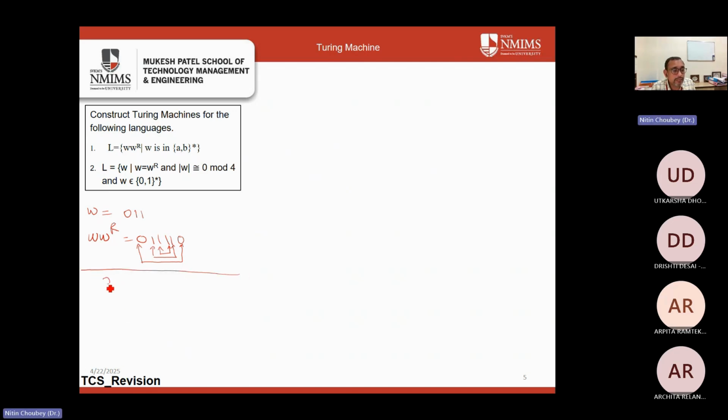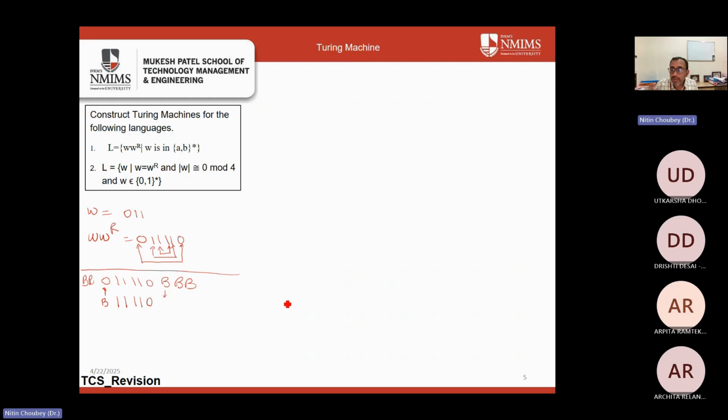So if I say my input is this same thing, 0, 1, 1, 1, 1, 0, preceded and succeeded by blank symbols, and I'm beginning with this, what I will do is replace this 0 with blank, move to the right, skip 1, skip 1, skip 1, skip 1, skip 0, and come to this blank.